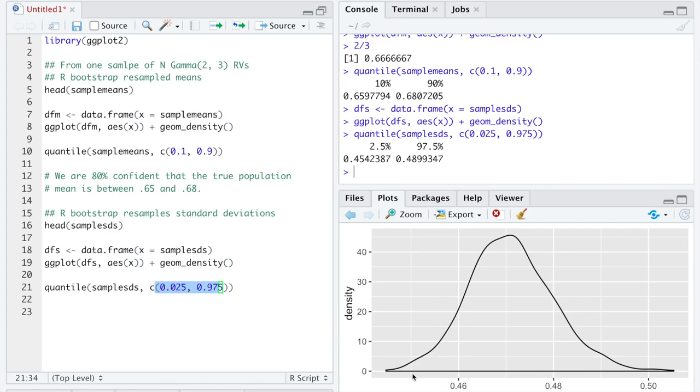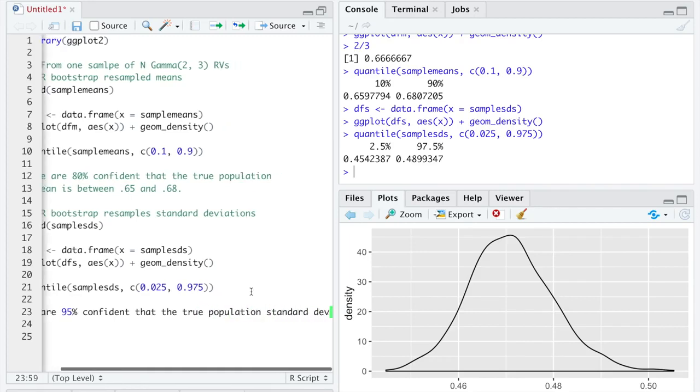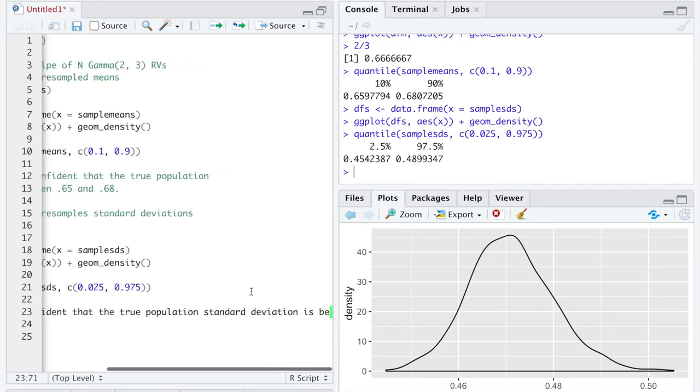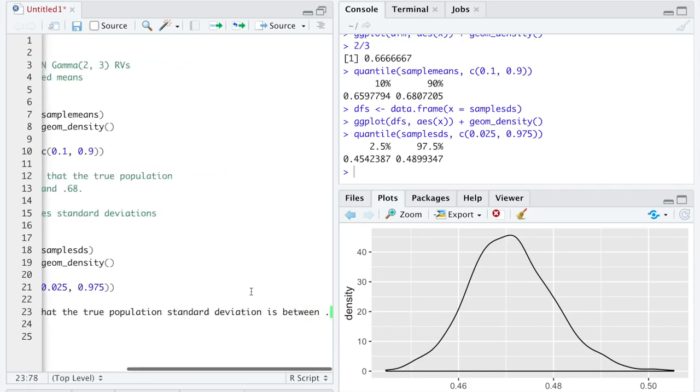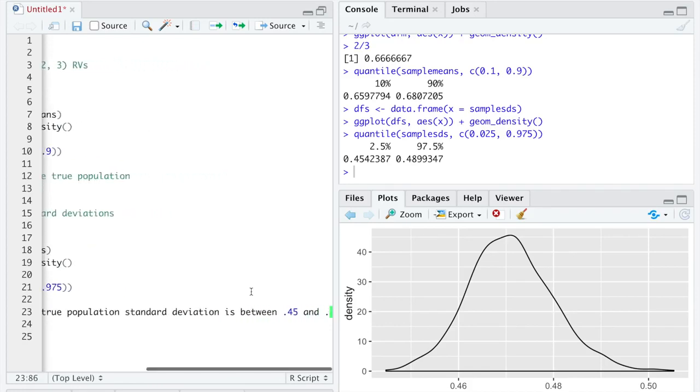We would say in between this 2.5 and 97.5 percentile, there is 95% of the sample standard deviations. So we would interpret we are 95% confident that the true population standard deviation is between 0.45 and 0.49.